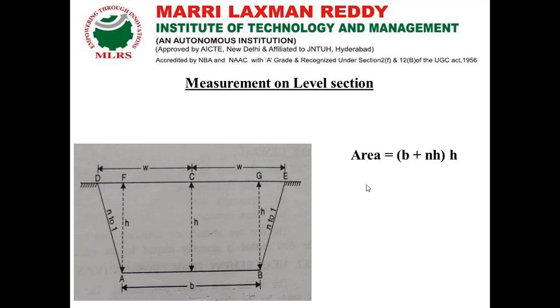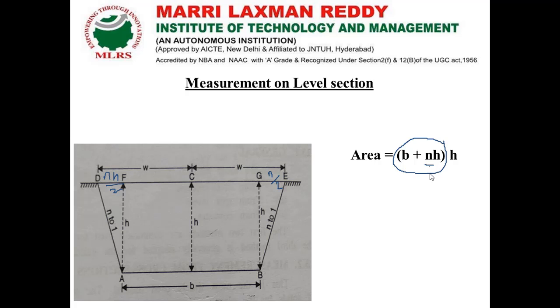Now the area becomes (b plus nh) into h, where we consider the area as a single length and multiplied with the breadth we get an area. So this is the formula we are going to use.